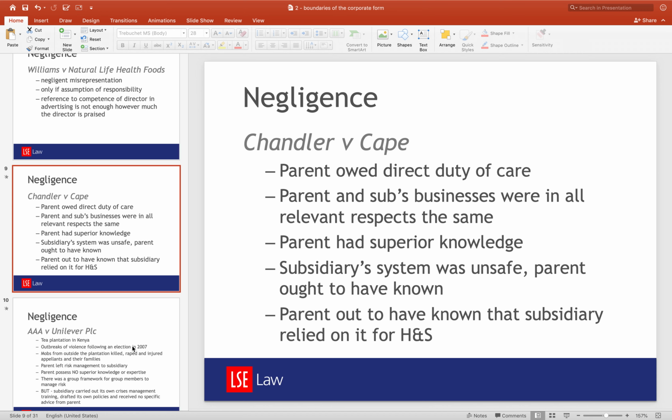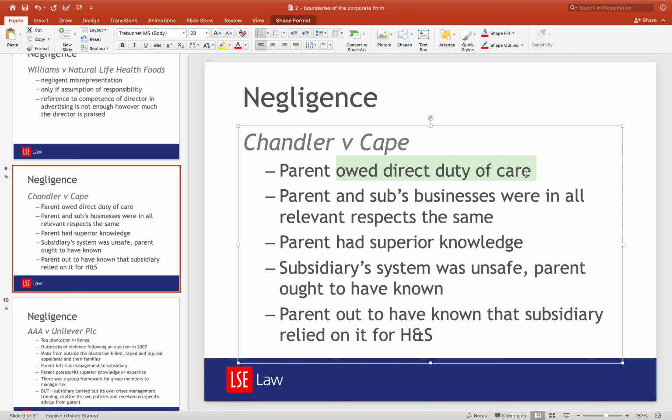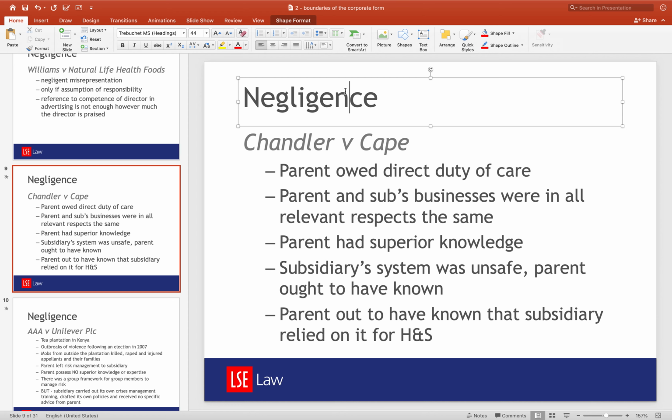The subsidiary was relying on the parent company's work for the management of health and safety. And so the result was the parent company was liable because, and that's really important, it owed its own duty of care. It was a direct duty of care under the rules of the tort of negligence.